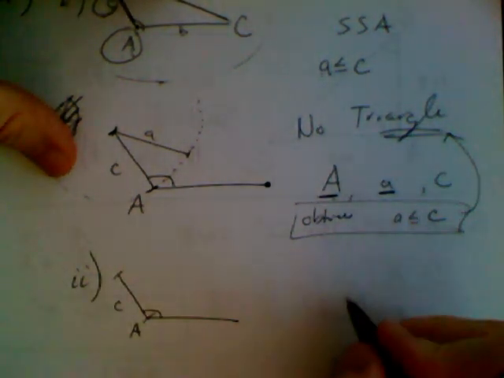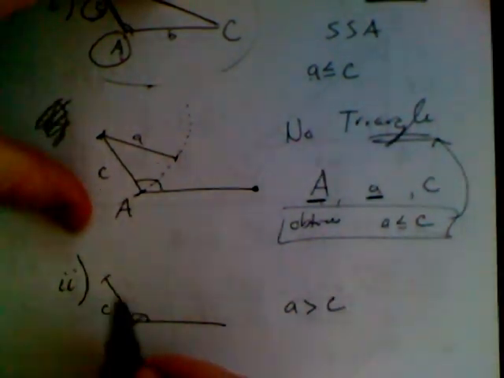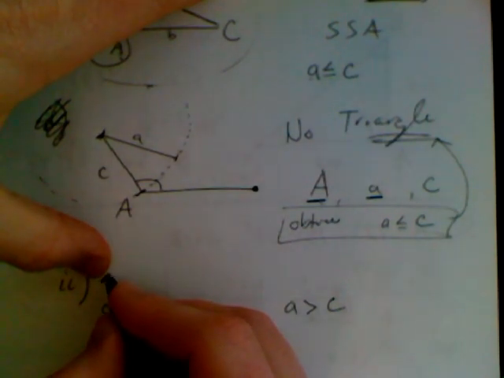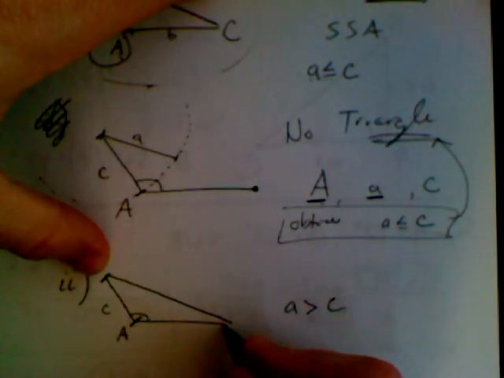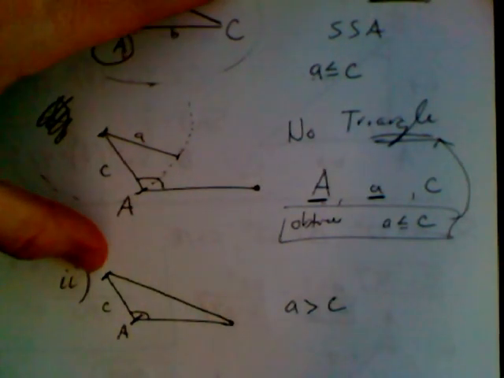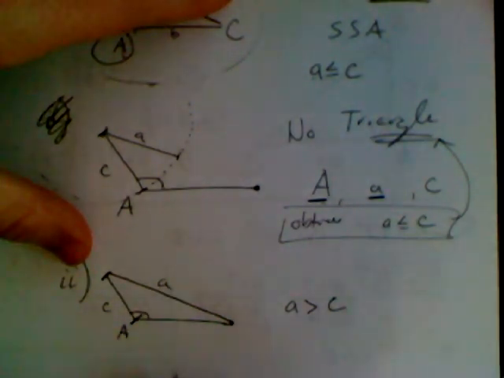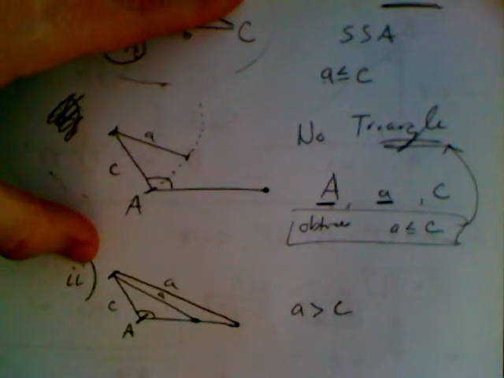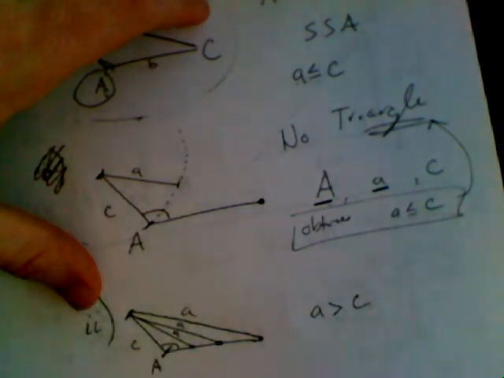Let's assume that my little a is greater than C. That means it's not this length here, but it's something larger than it. Well, if it's anything larger than it, this is clearly something larger than it, so that would work out. What if it was this a value here? There's a triangle there. What if it was this a value here? There's a triangle there.